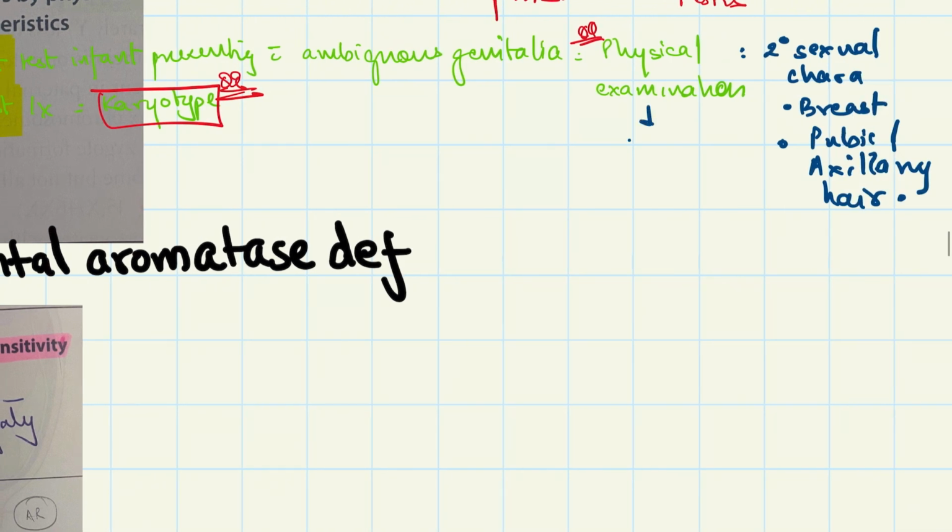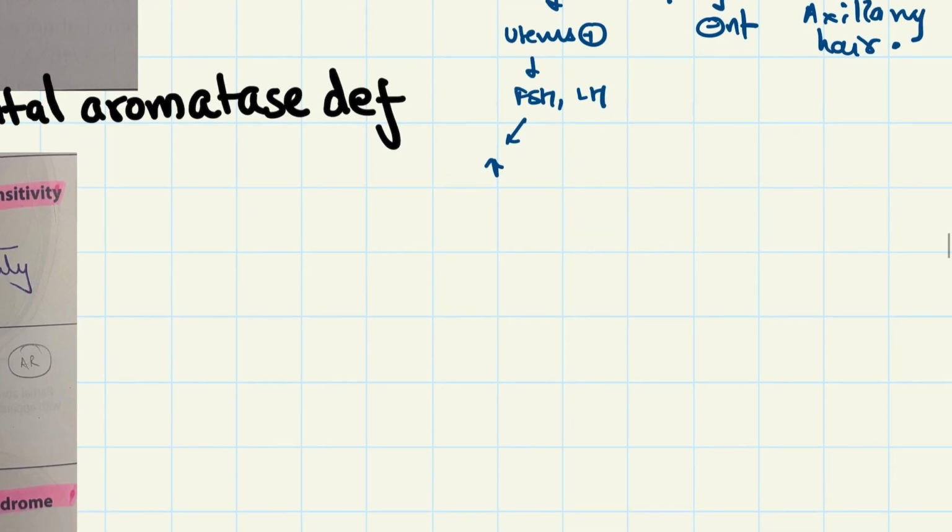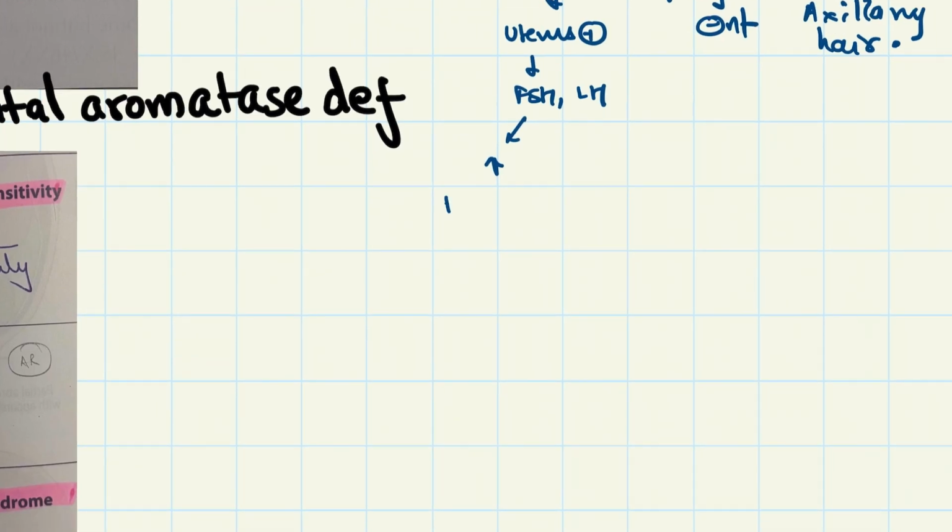Now, after physical examination, an ultrasound is performed to see whether the uterus is present or absent. If the uterus is present, then hormonal study is carried out and LH and FSH are measured. If they are increased, it means it is hypergonadotrophic hypogonadism. If it is decreased, then it is a case of hypogonadotrophic hypogonadism.